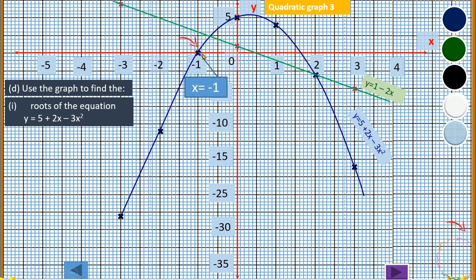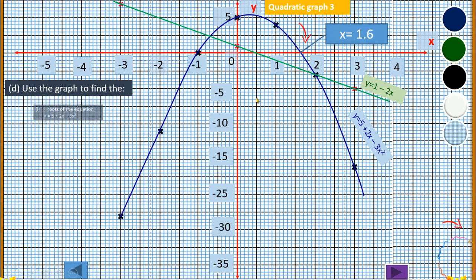So that is minus 1 at that point. And the next point where it crosses at this point, looking at that, this is 1.5, this is 1.6. So that point is 1.6. So we have the 2 roots, minus 1 and 1.6.